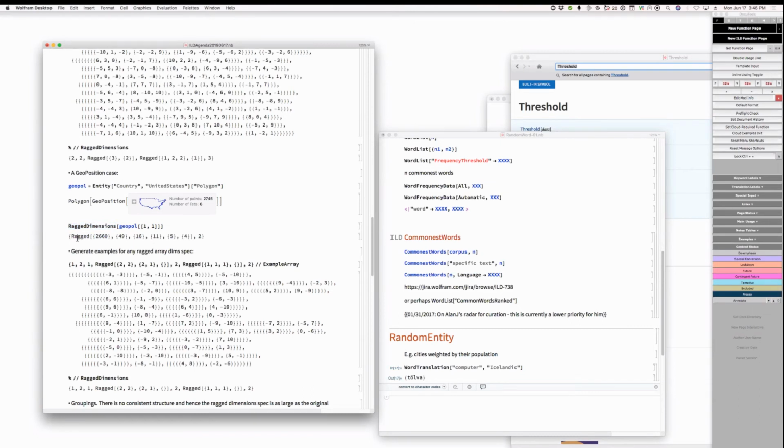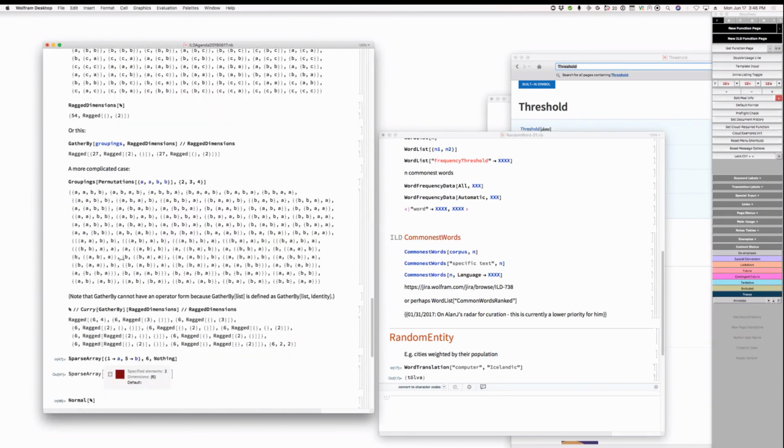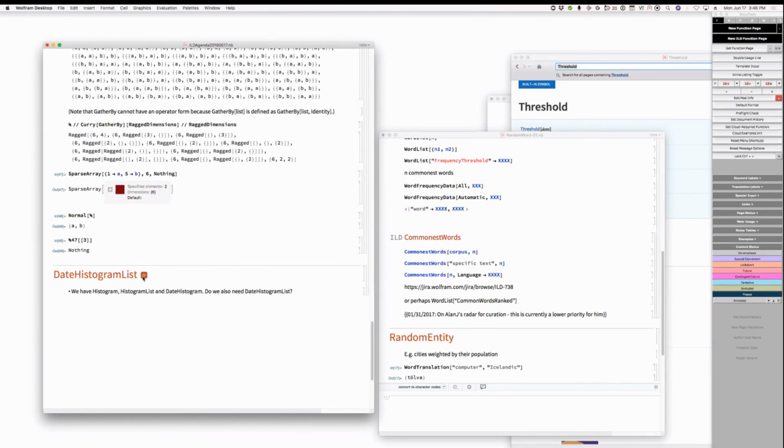Right. Yeah, I was imitating dimensions itself. I'm not sure, but I think I agree that the idea of this is perfectly reasonable. Is it possible to have a very fast C function that can do this for large objects? I think the answer to this is probably yes. Data histogram list, by the way.